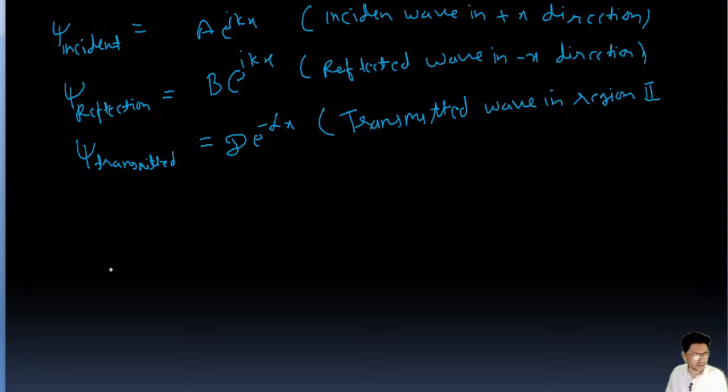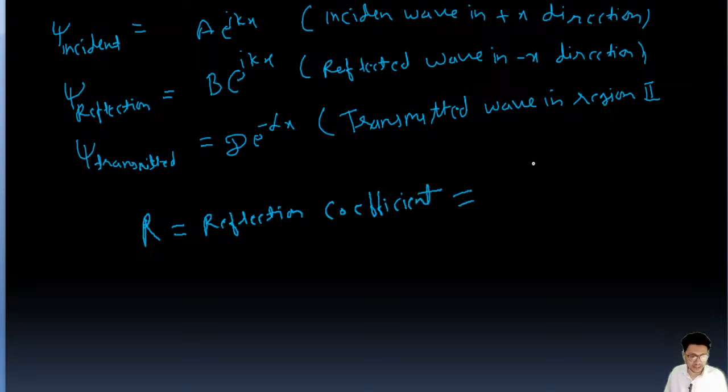Now we know the reflection coefficient. The definition of reflection coefficient, R, is mod B square upon mod A square. Okay, this is the reflection coefficient.